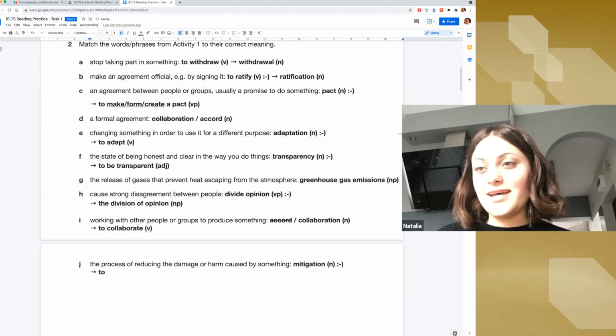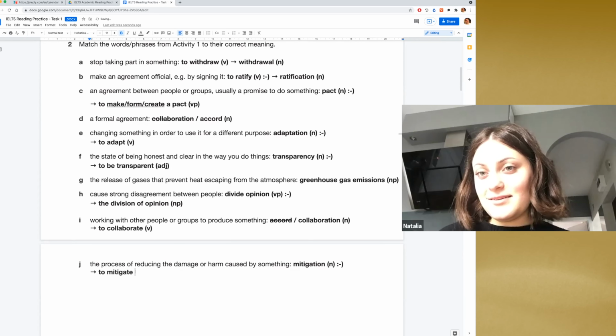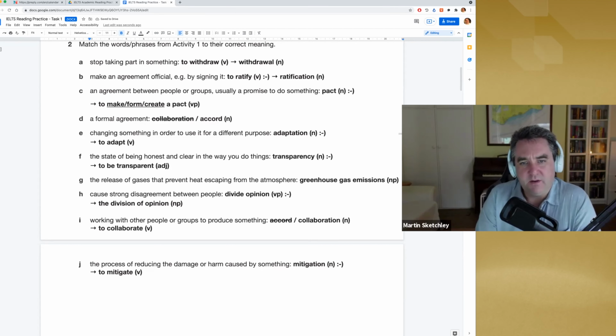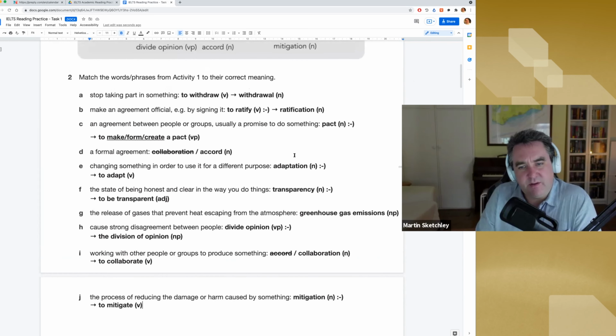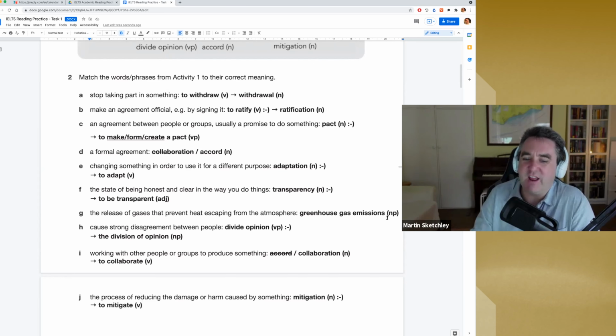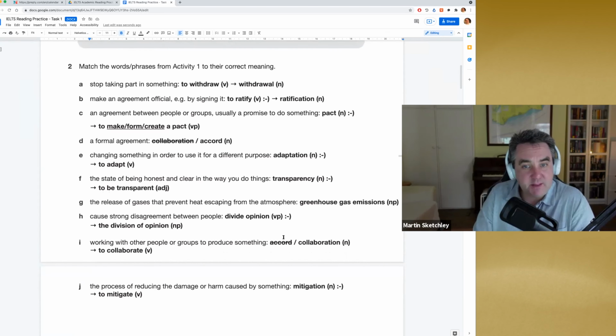To mitigate. Yep, to mitigate. So good, well done. Other than this verb phrase turning into a noun phrase and this noun phrase here, greenhouse gas emissions, can't really change too much. But other than that, that's very good.